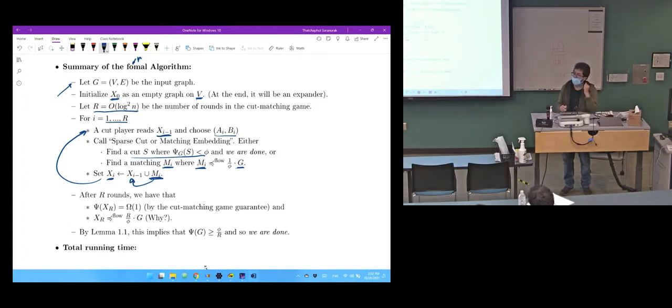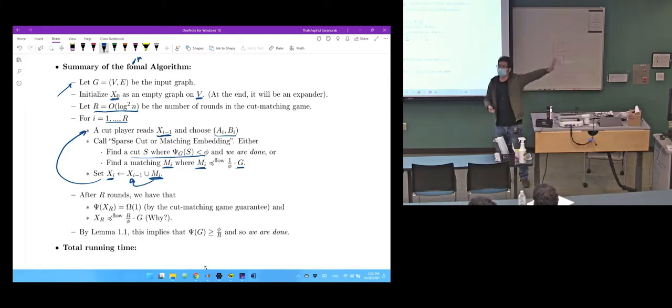How is A_i, B_i chosen from X_{i-1}? The cut player reads X_{i-1}, and how does he choose A_i, B_i after that? This is from the previous lecture. There is some algorithm already; we've seen two algorithms, a deterministic and a randomized one. He just chooses the cut in that way.